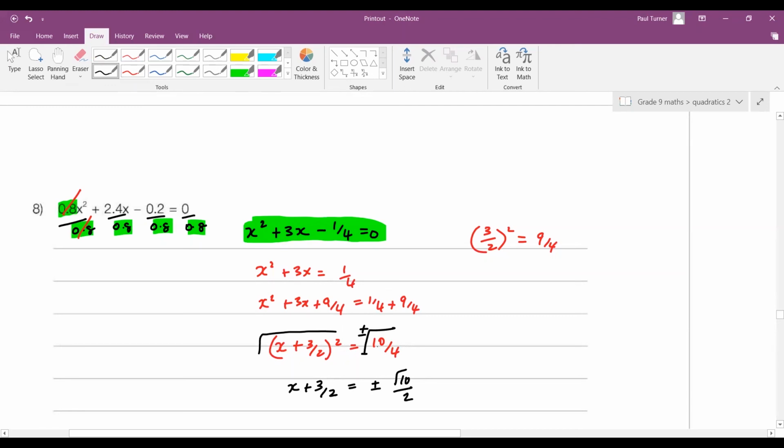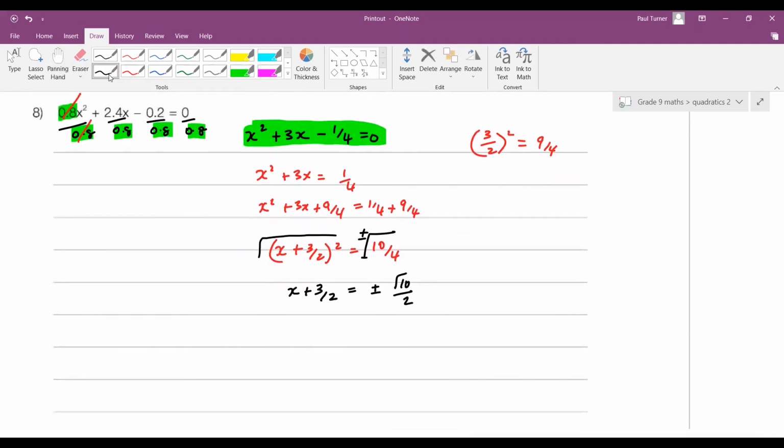Root 10 on the top, root 4, and root 4 is 2 on the bottom. So x equals minus 3 on 2 plus or minus root 10 on 2. And that would be minus 3 plus or minus root 10 all on 2. And that will give you the 0.08 and the minus 3.08, like that.